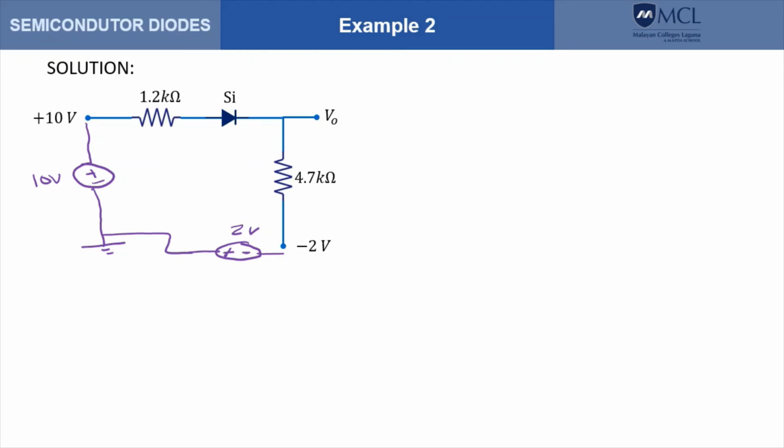To determine whether the diode is in forward or reverse bias, we can temporarily remove the diode. So let's remove that.